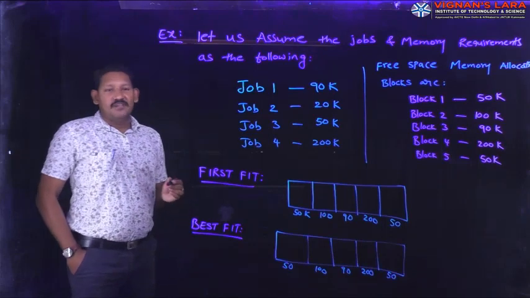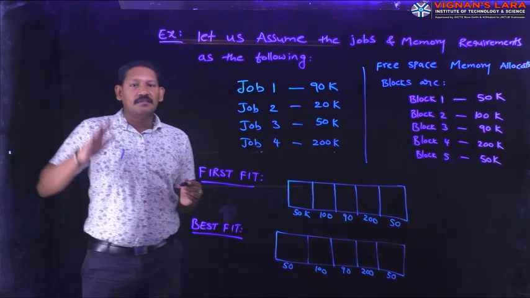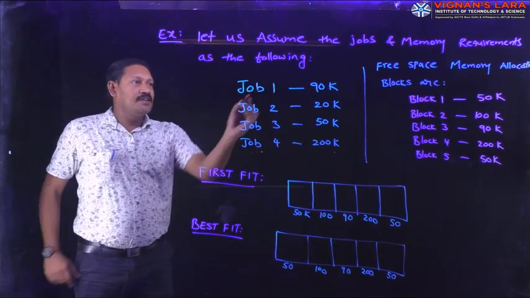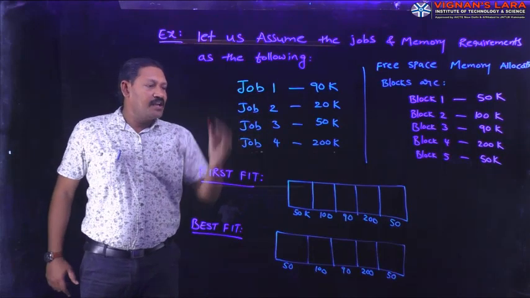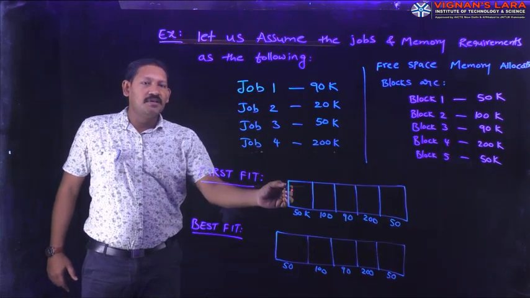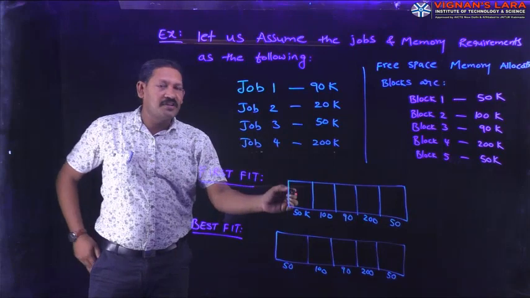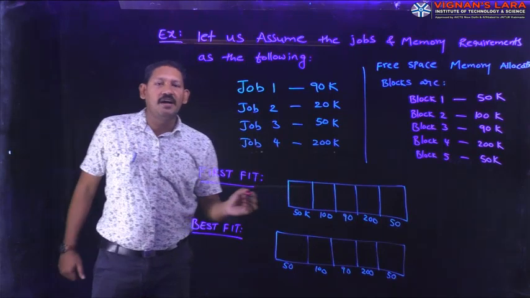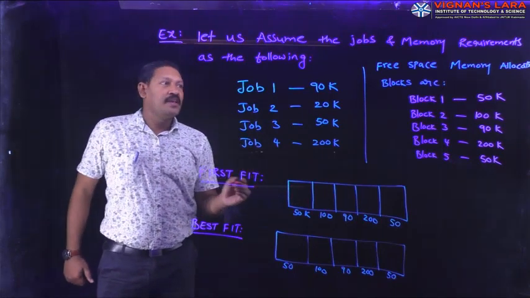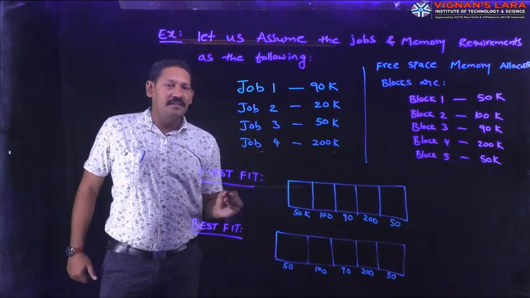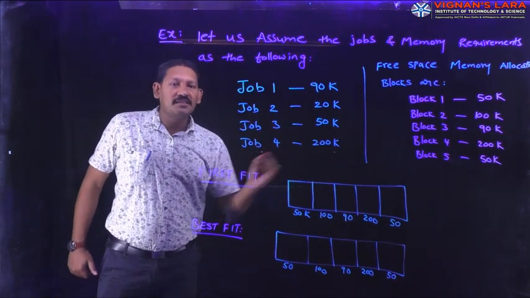So first fit means, for job 1, which needs 90k, we immediately check in the first block. If the required space is available in the first block, we accommodate it. If not, immediately in the second. If not, immediately in the third.